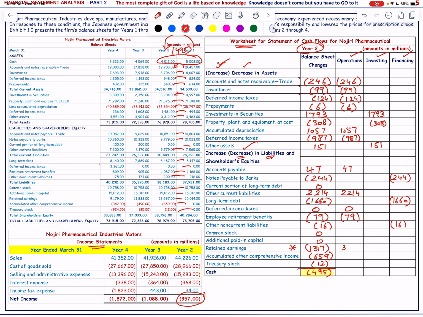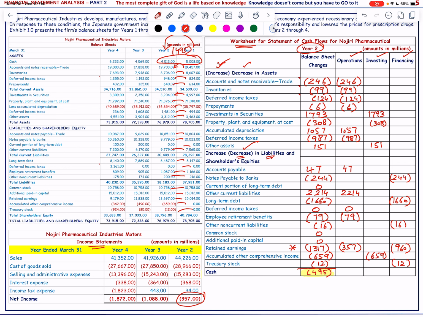This is from the operations, and the remaining balance will be the financing activity 960. Then we have the accumulated other comprehensive income, and this is an investing activity, that is 659 negative. And finally, we have the treasury stock of 12, and that is a financing activity.